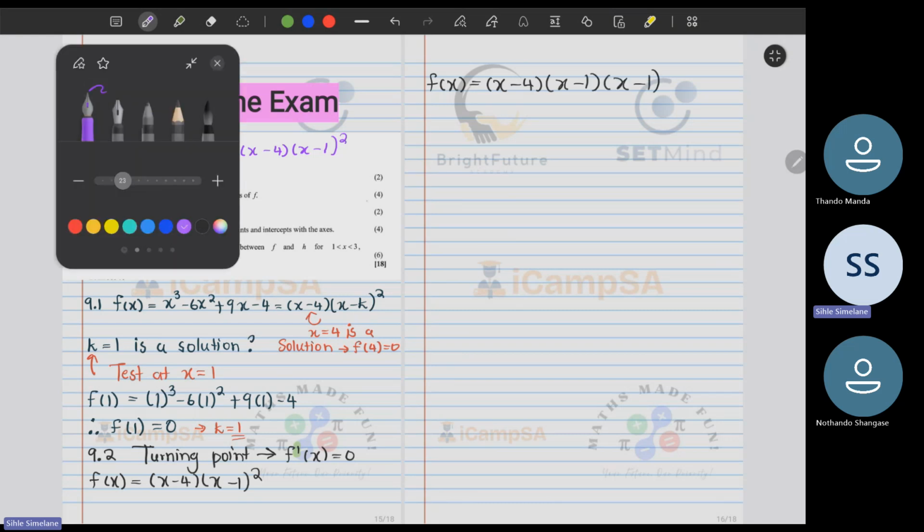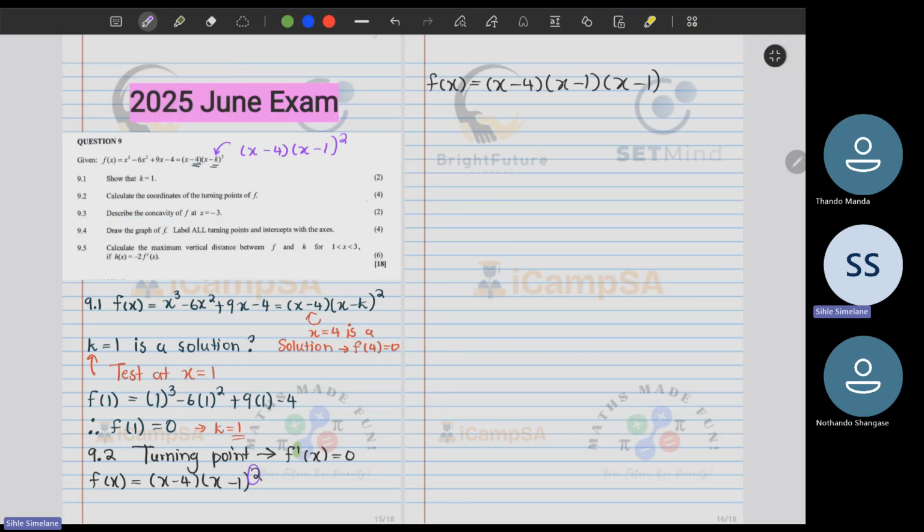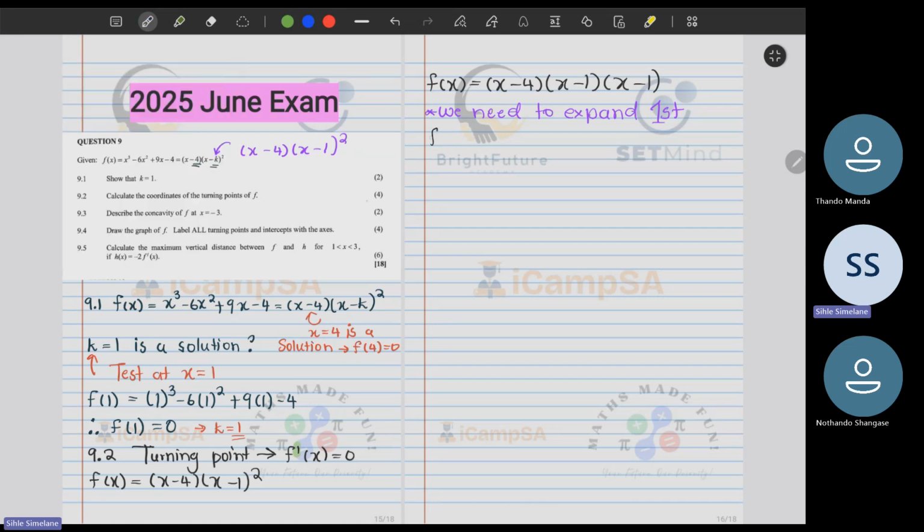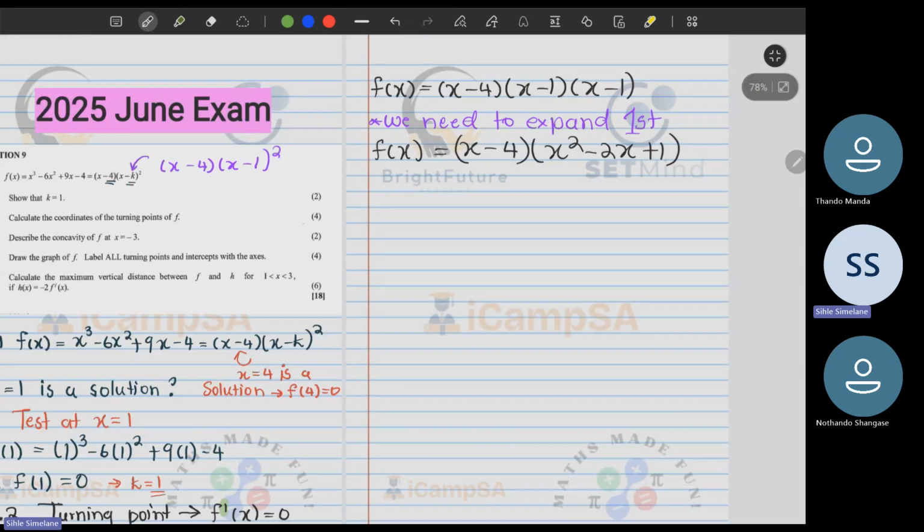So in order for us to derive, we can't derive it when it is this way. So we need to expand first. Okay. And if we multiply the last two brackets, you guys should have done a lot of FOIL. So the first bracket, x minus 4, the last two, when you multiply them, you'll get x squared minus 2x plus 1, okay?